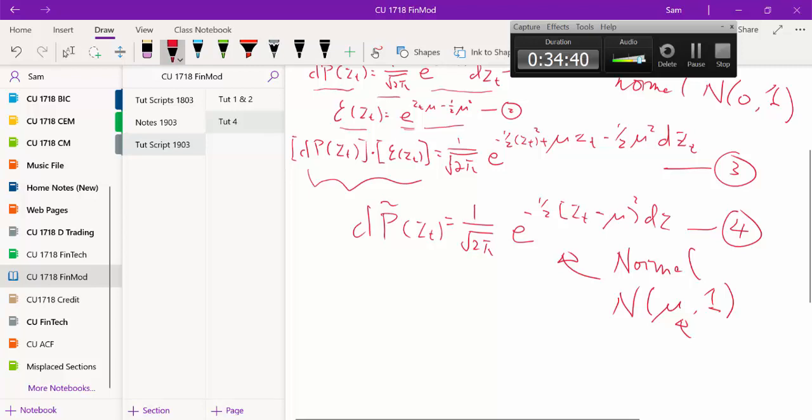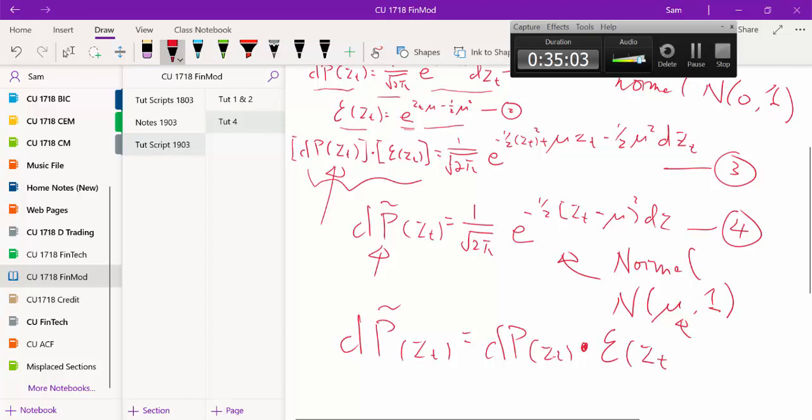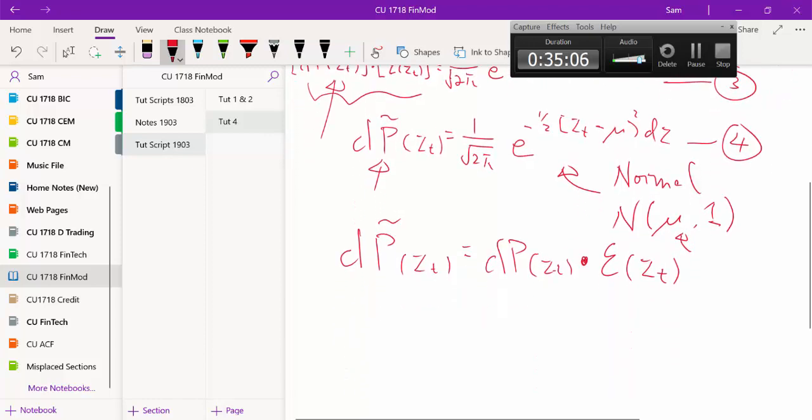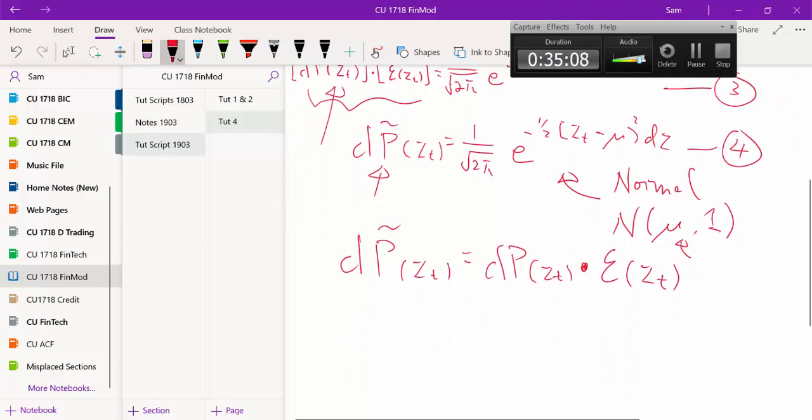And if I now take this term and this term, what I am saying, simply by definition, is that this one is equal to the original multiplied by a certain function. That's all. I haven't done anything tricky. All I'm saying is, we start with the standard normal, I multiply it with something, and when I rearrange, I get something else.